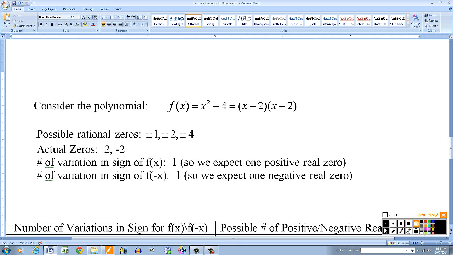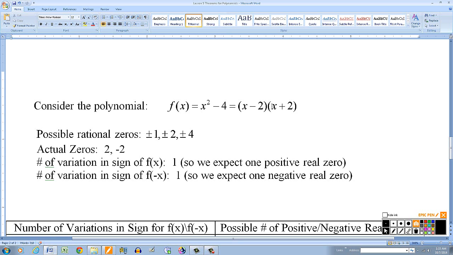If I divide the factors of minus 4 by the factors of 1, I get the same thing, because all I'm doing is dividing by 1 and negative 1. So the possible rational zeros are plus or minus 1, plus or minus 2, plus or minus 4. Now we know that the actual zeros are 2 and negative 2, so we get one positive and one negative. Because I have a factored form there, you can see the zeros.